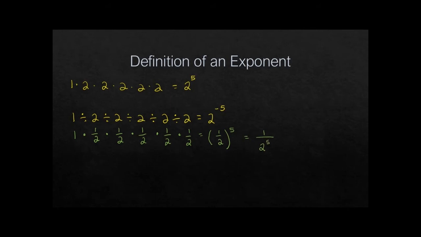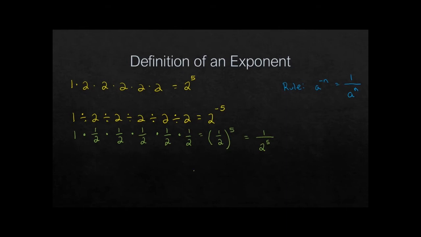Okay, so this leads us to our rule: something with a negative exponent is the same as taking the reciprocal and then having the exponent positive. If we rewrite these 2 different ways, I wrote it with repeated division, which gives us 2 to the negative 5th, and then I wrote it multiplying 1/2 multiple times, or 1 over 2 to the 5th.